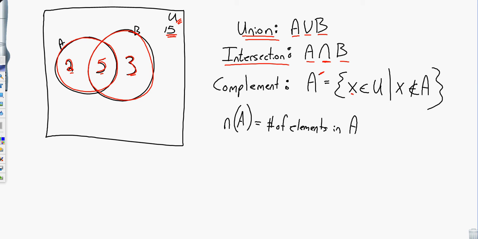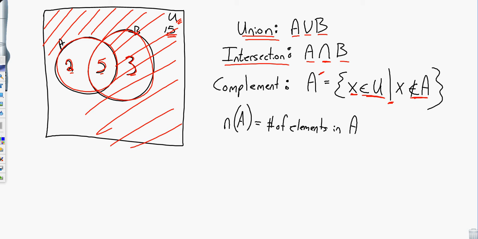That is all the elements that are in the universal set such that x is not part of A. So these are all things in the universal set that are not part of A. If we wanted to graphically represent that, that would be all parts of our universal set that is not A. So all that region there would be part of the complement of A.